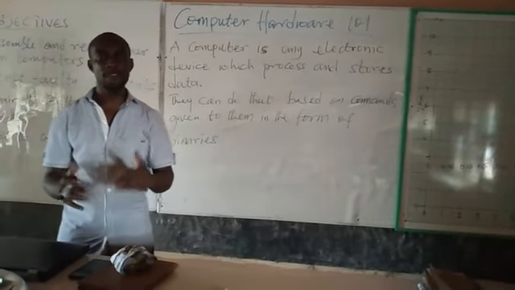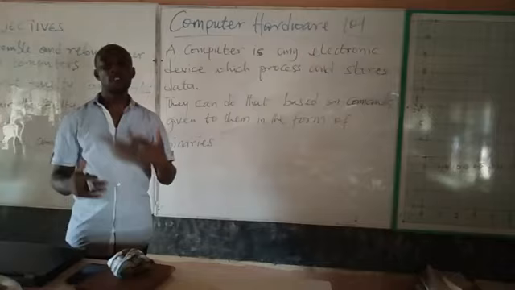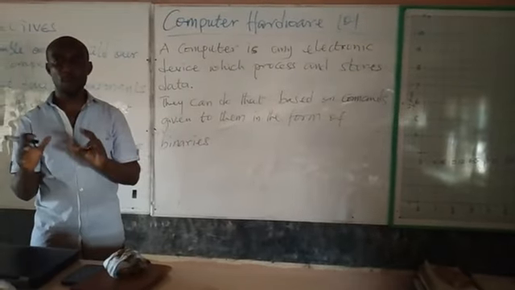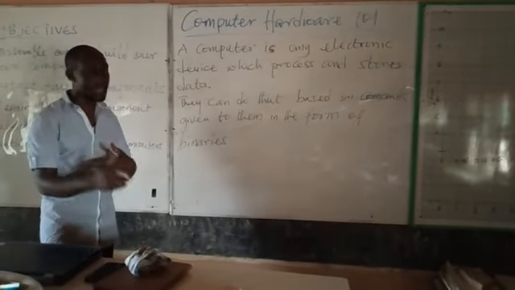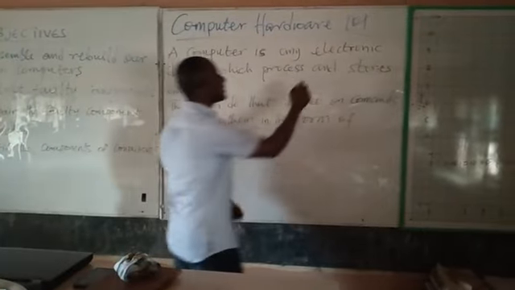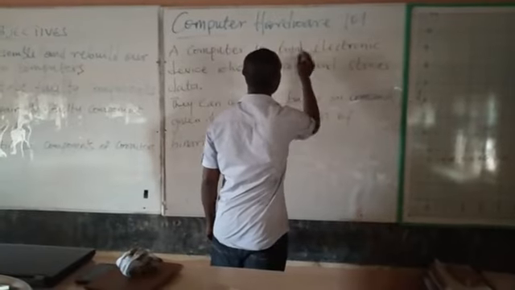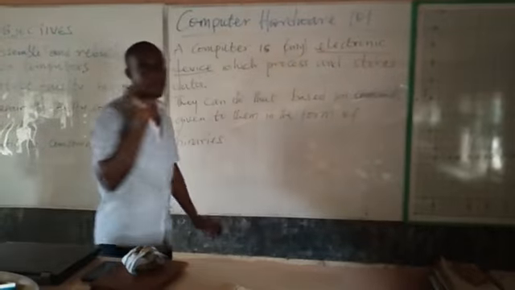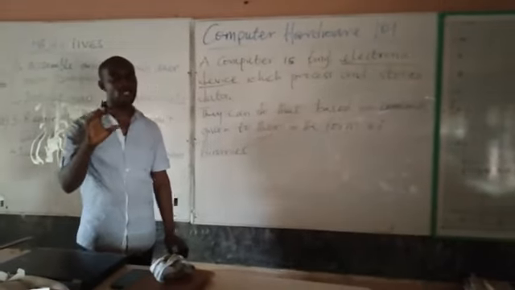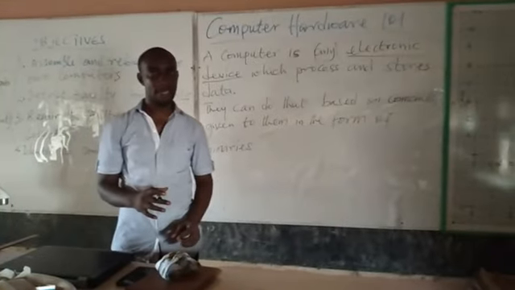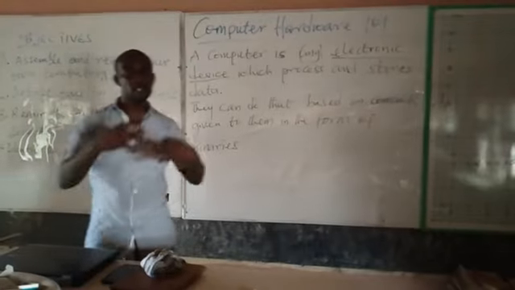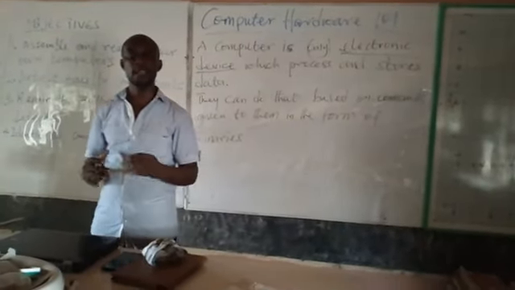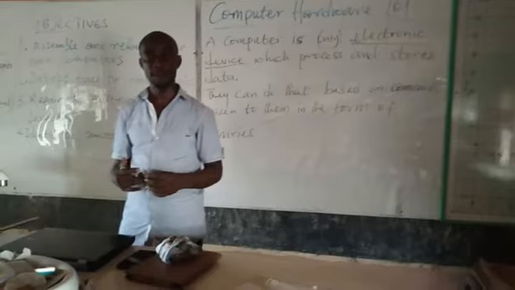Most of us only define system units as computers. No, today we'll go further. It is any electronic device that will process and store data. That is the definition of a computer.